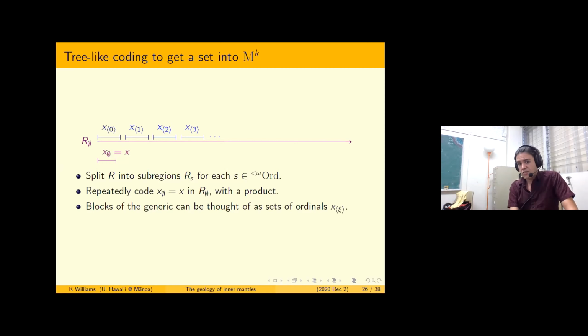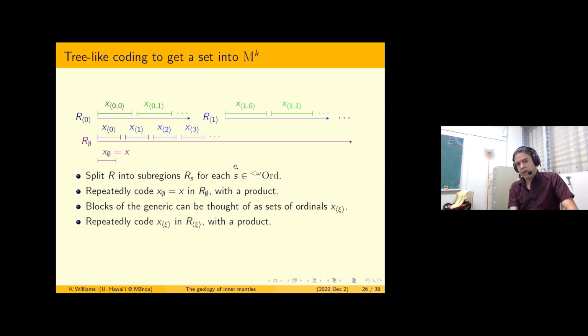And so these blocks of the generic, we can think of these as sets of ordinals. We have the first block, the second block, the third block, and so on. By using a pairing function, these are just sets of ordinals. And so what we're going to do is code each of these sets of ordinals cofinally often. Because we have Ord many of these things, we have to have Ord many coding regions, but we split up R to have enough coding regions.